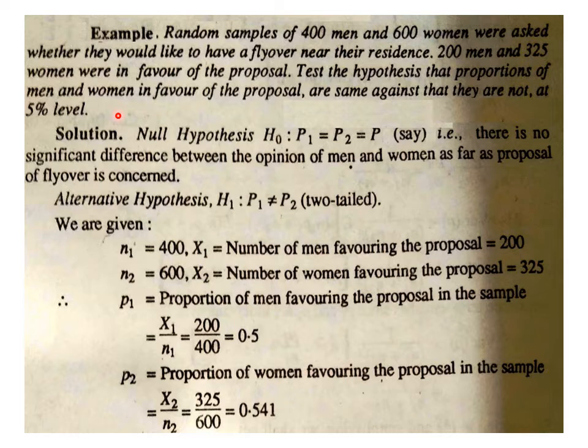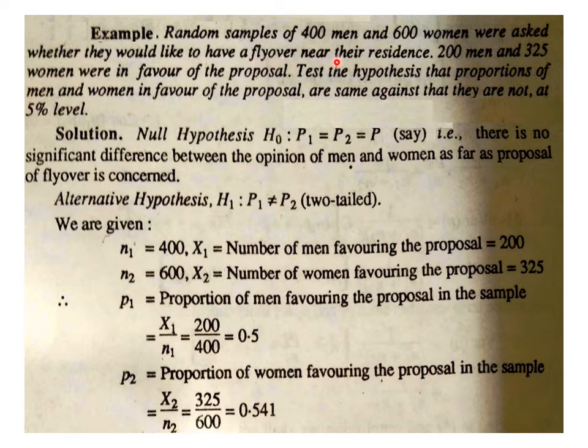Initially we begin with 400 men, so n1 is 400, and 600 women, so n2 is 600. Out of these, the attribute, as I was discussing in theory in the last slide, is defined here as whether anybody would like to have a flyover near their residence.